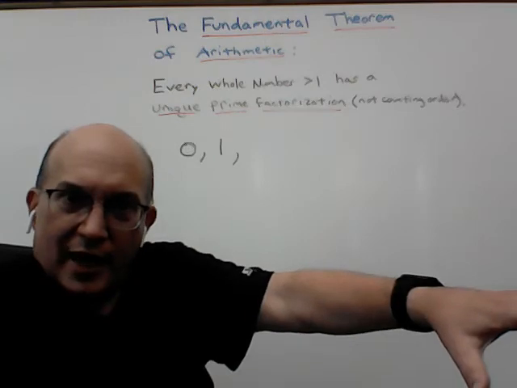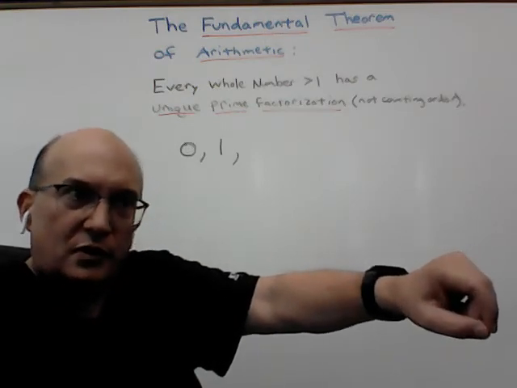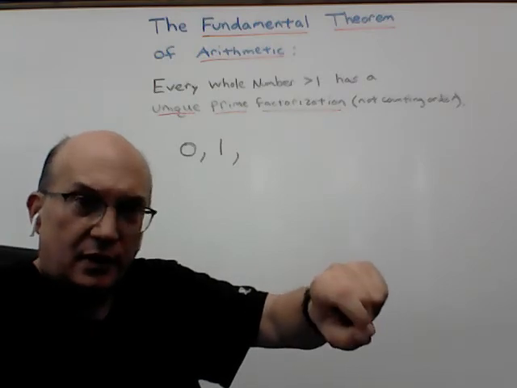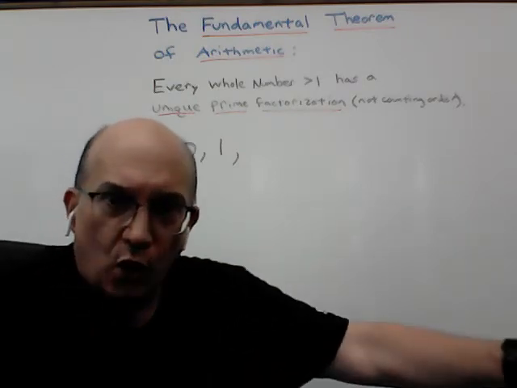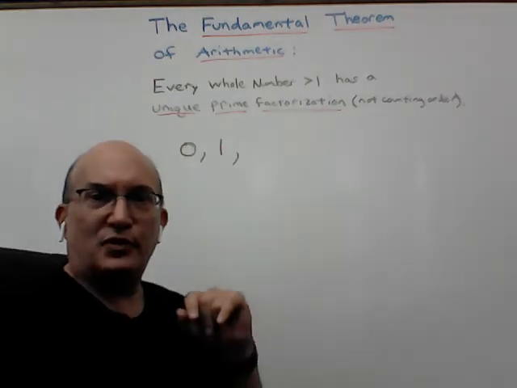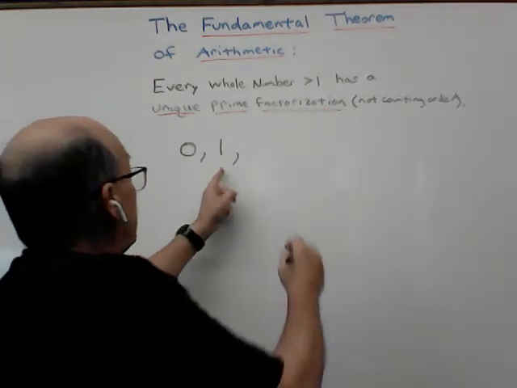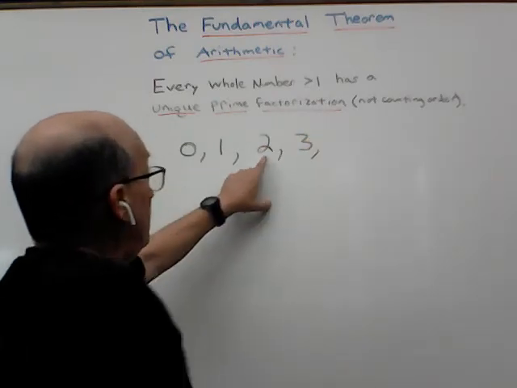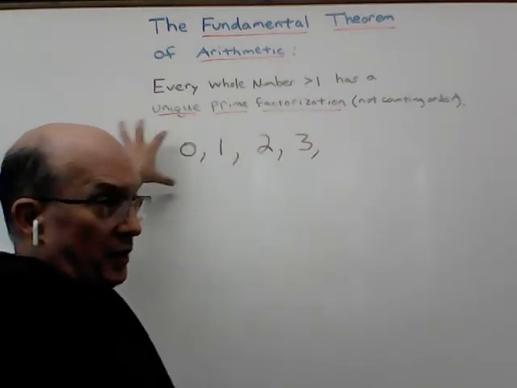And now, what we're going to do is use the fundamental theorem of arithmetic to write all the other whole numbers with only primes. The next whole number after 1 is 2, and then 3, okay? Now, 0 and 1 are special.